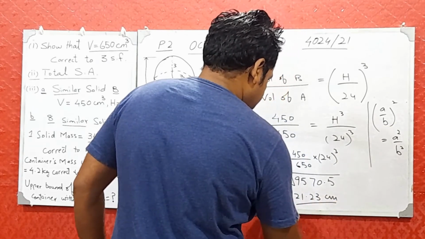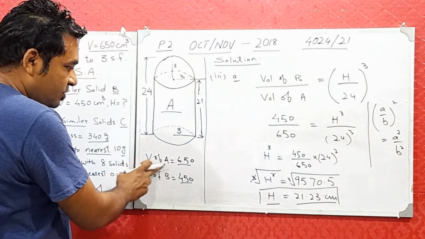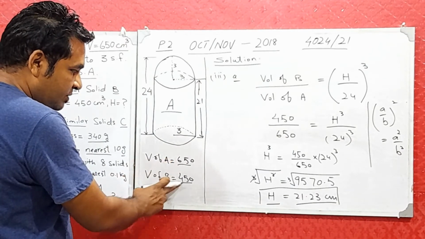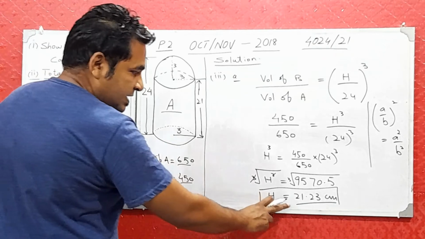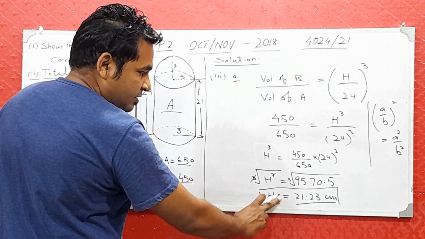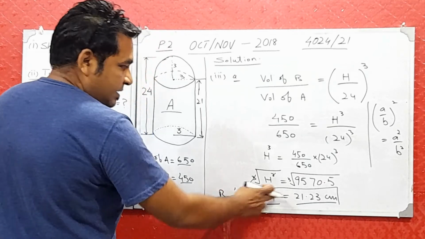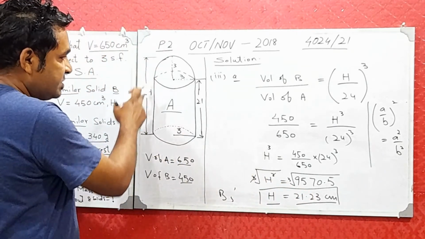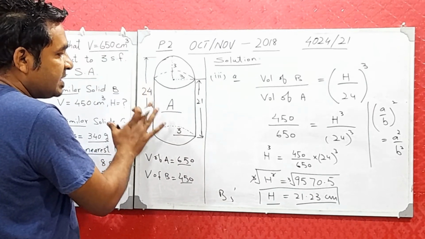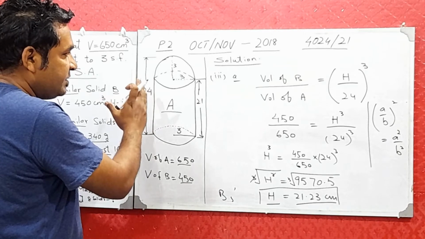You can also see that the volume of A was 650 and the volume of B was 450, less than 650. The height of B is 21.23, and the height of A was 24. So the height of B is smaller than the height of A.